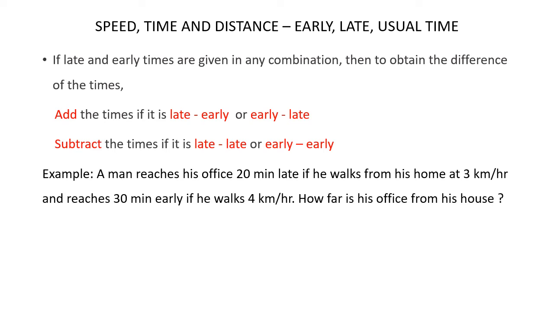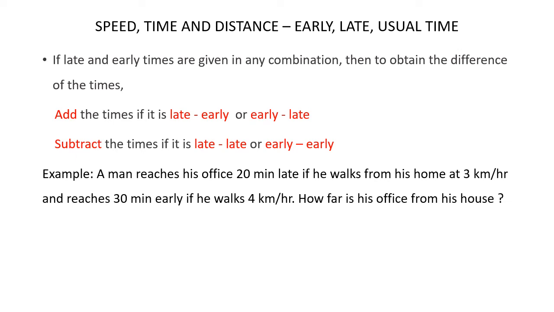Now let's understand the concept of early, late and usual time. If late and early times are given in any combination in a problem, then to obtain the difference of the times, add the times if it is late early or early late.